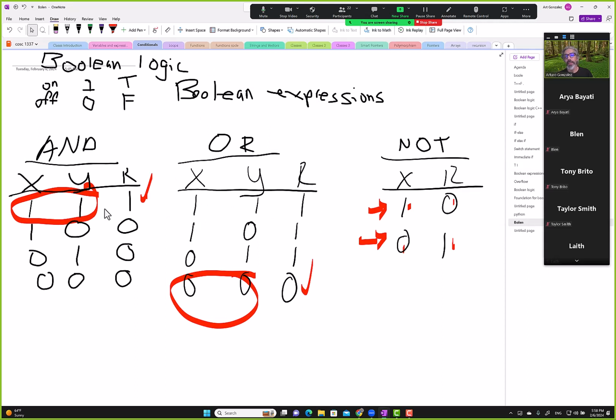So what we're going to do next is we're going to prove that C++ AND, OR, and NOT are built into the language, right? So in C++, we use the symbol, let me see here, ampersand ampersand for AND, for OR we use the 2 pipes, I think they call them, and then for NOT we use the exclamation point.